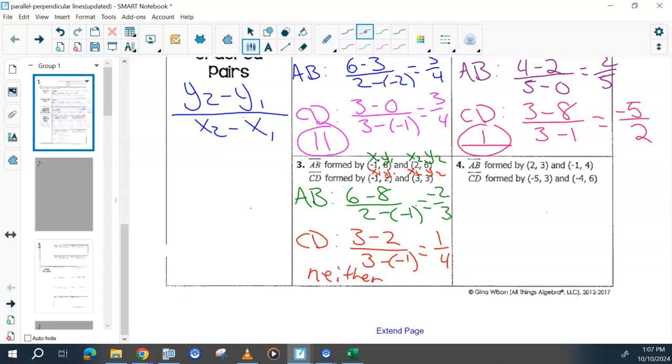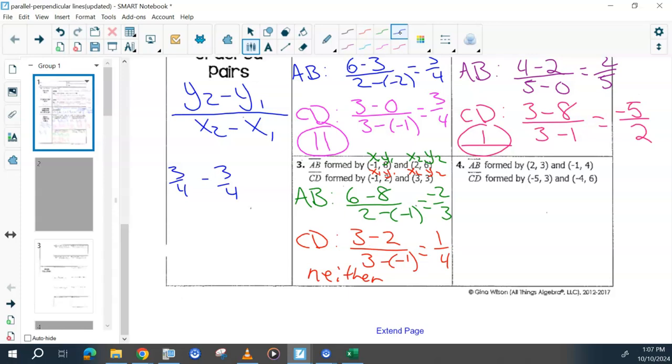I'm going to show you some other neither cases. If they obviously don't look the same or anything related, neither. They could be almost parallel, but maybe one is negative. Those would not be parallel, they would be neither, because they almost are the same, but one is negative.